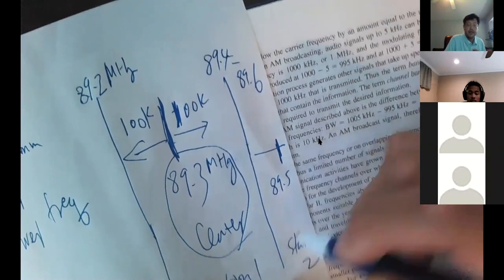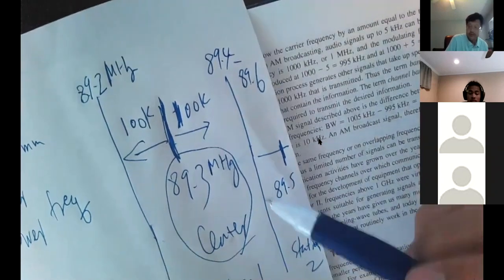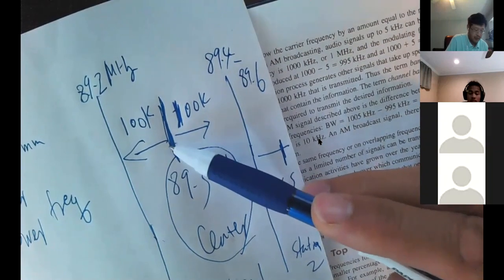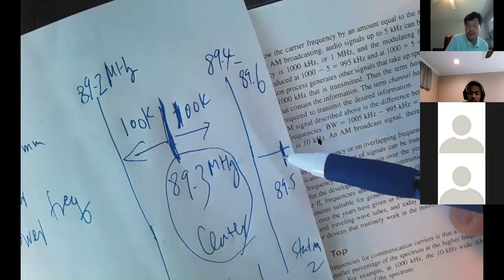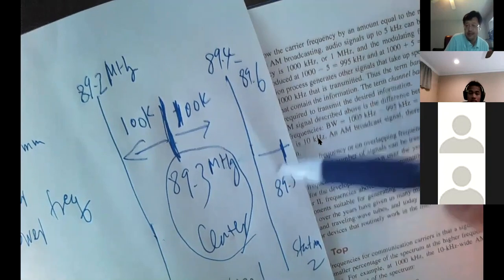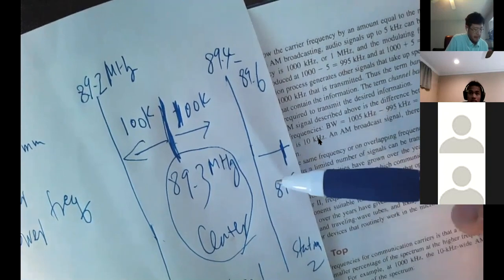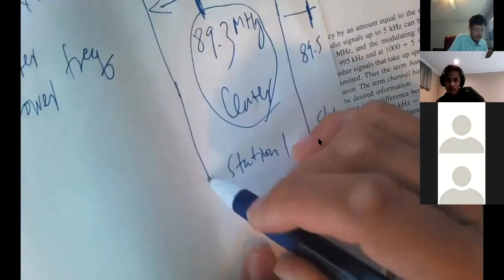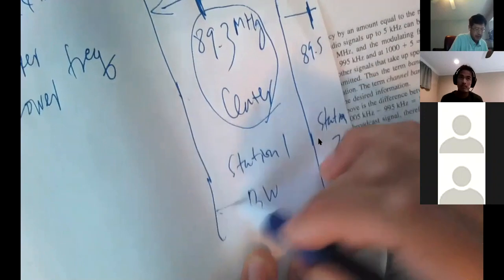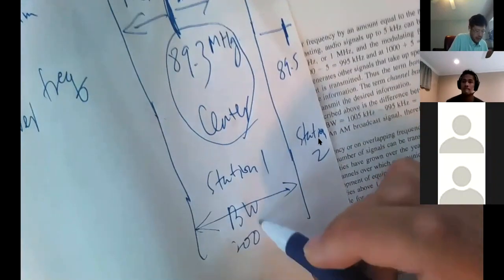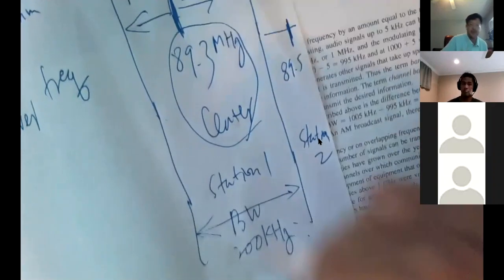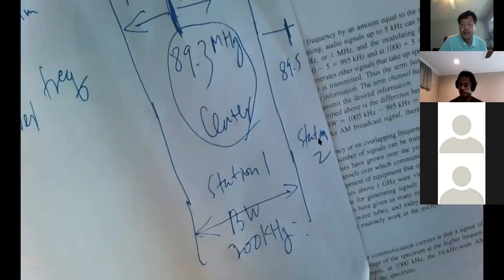That will be the second station. This will be, for example, news, this will be music, so you can switch stations. So what is the idea of bandwidth? This is called bandwidth. Bandwidth is 200K hertz in this application.